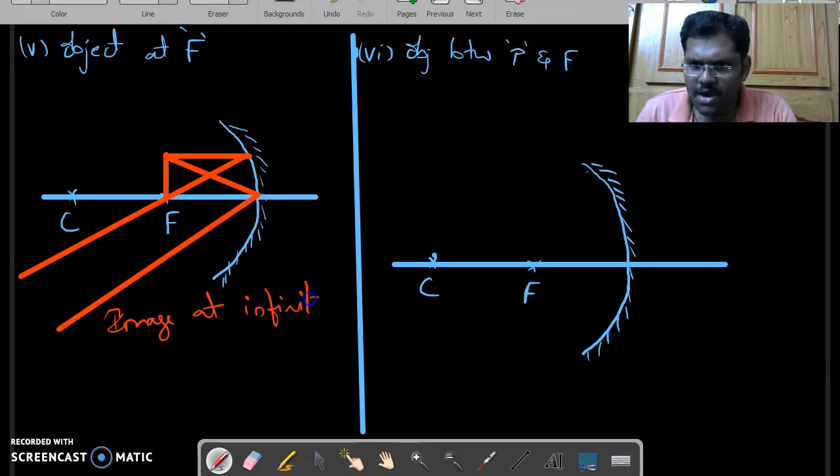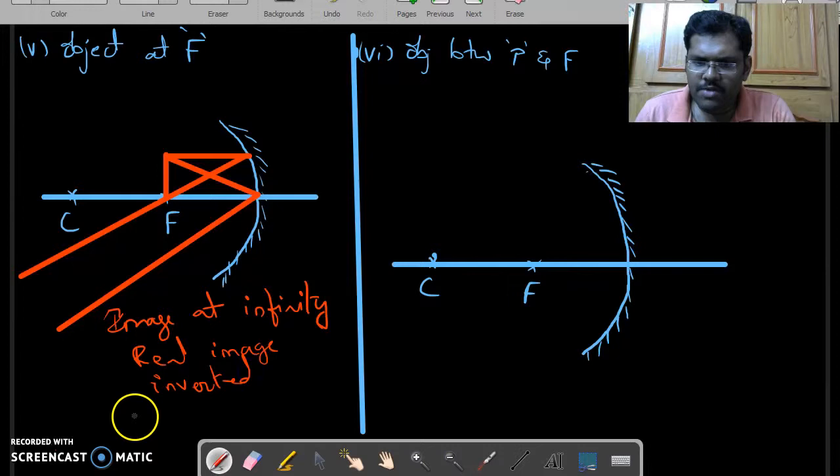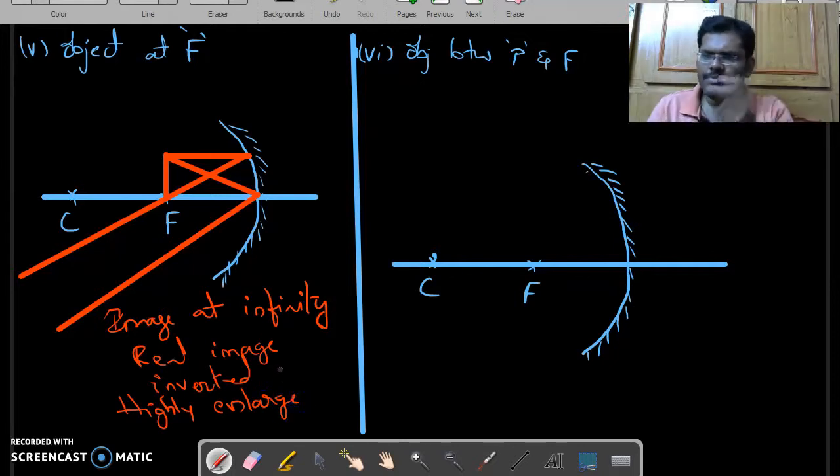So the image we get here is a real image. It will be inverted, and the size of the image will be highly enlarged. That means we cannot see it, as it is very highly enlarged.